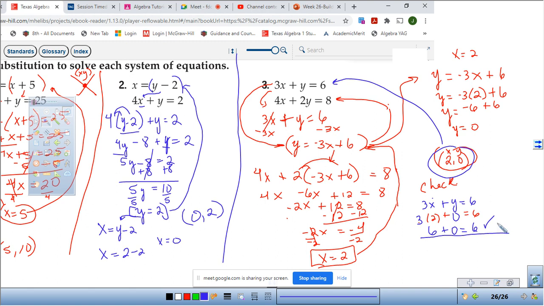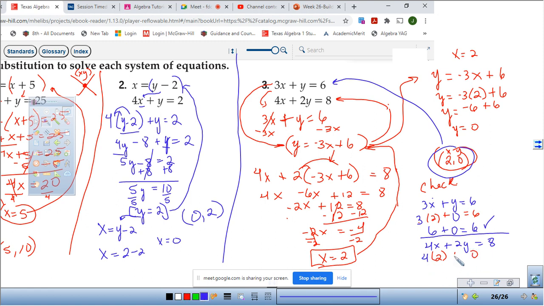I think it's faster to graph them to double check that you got it correct. It's just me checking. So the second one, I have 4x plus 2y is equal to 8. And again, I'm going to do this right here when x is 2 and y is 0.